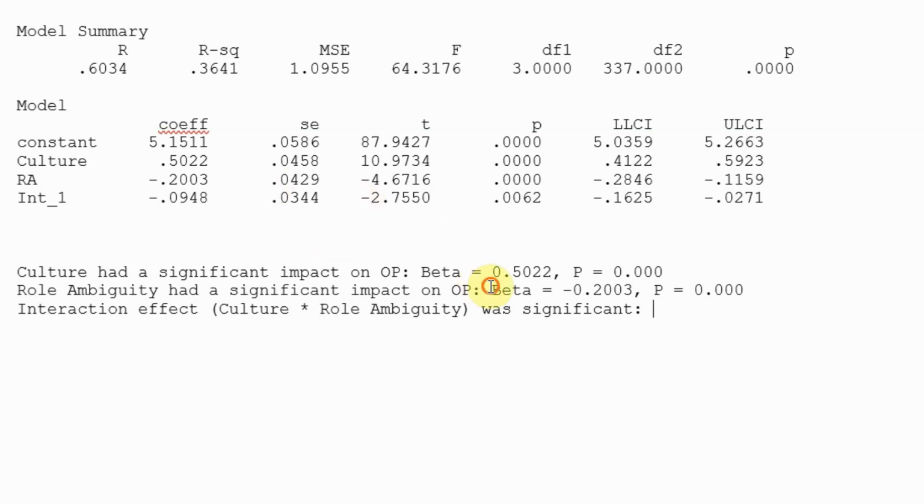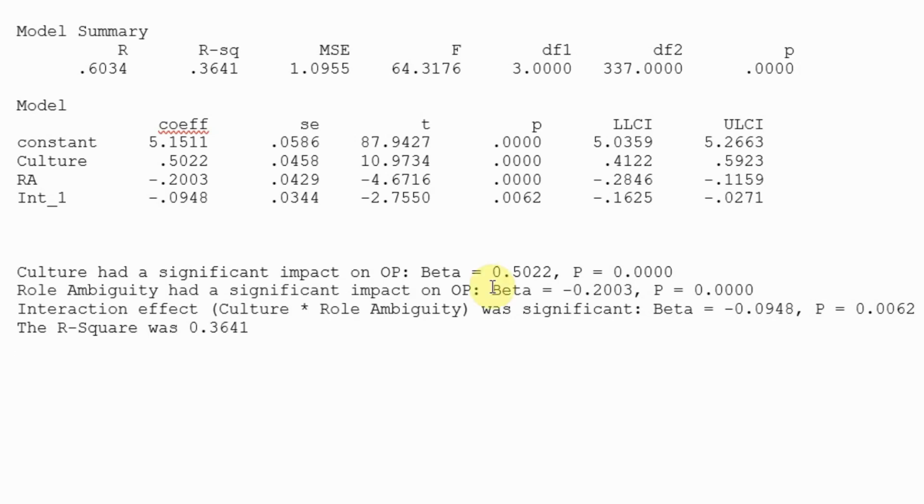So what was the beta and the R square was 0.3641.